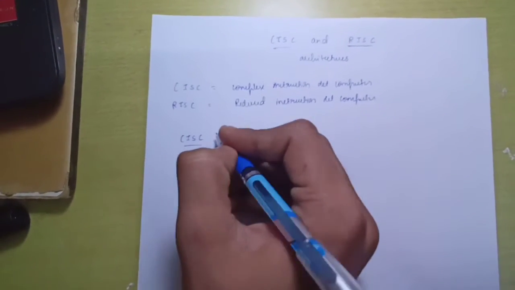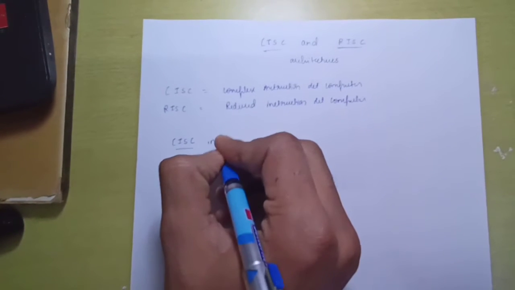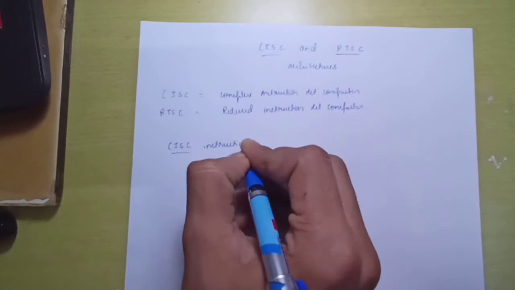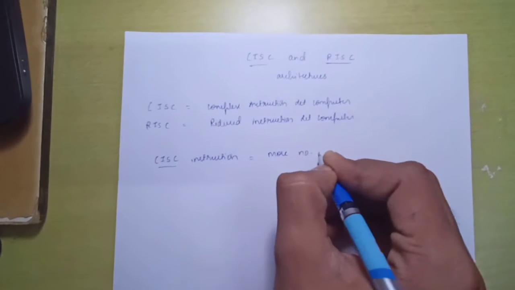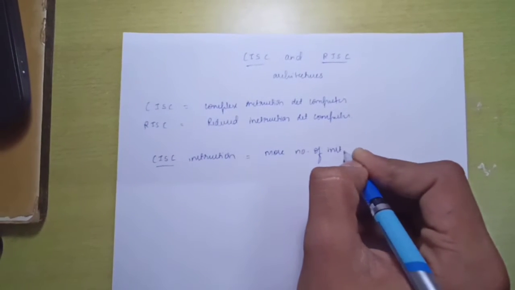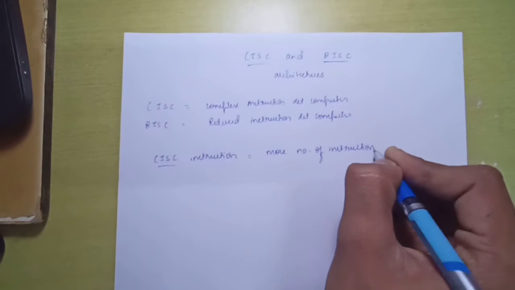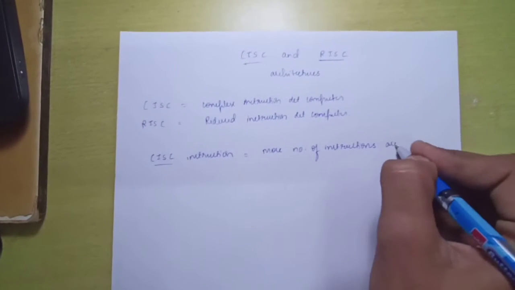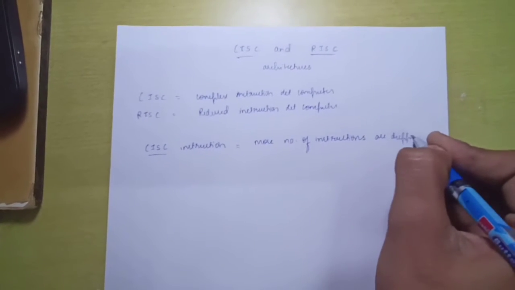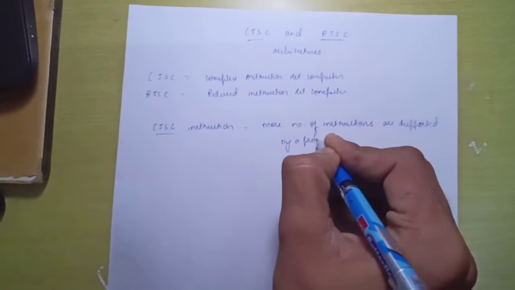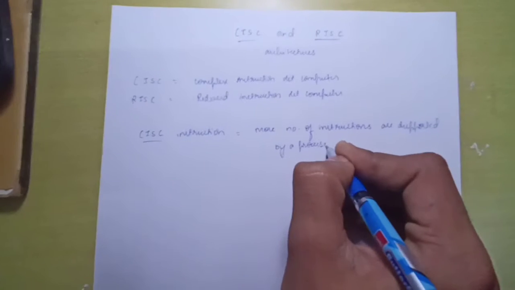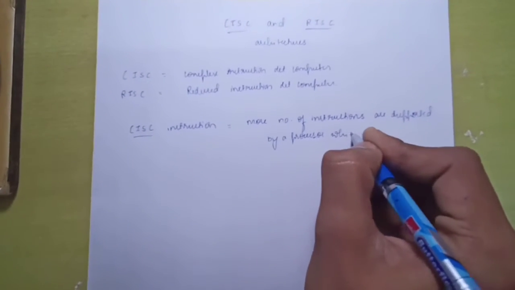CISC instruction means more number of instructions are supported by a processor which are complex.